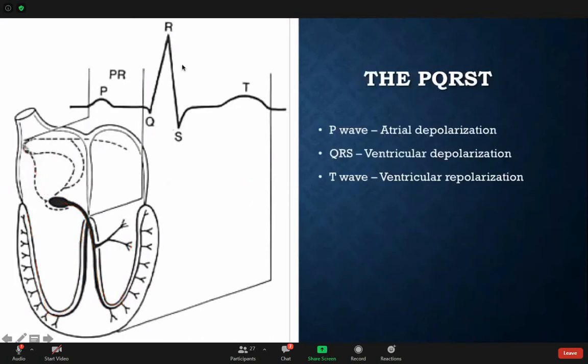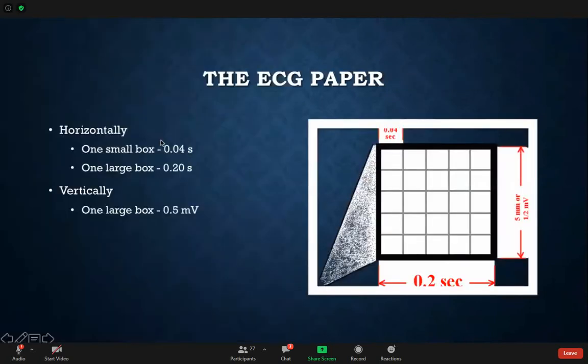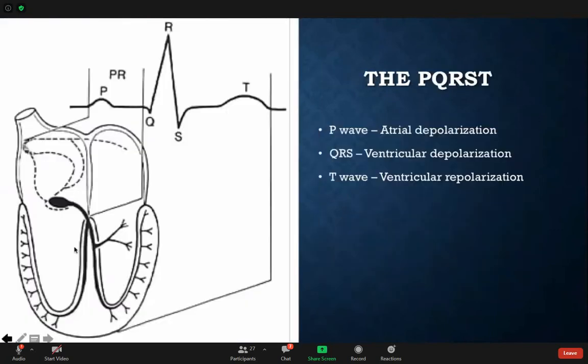So it's ventricular repolarization. Okay, why don't we have a P wave repolarization? Sorry, let's go back. Why don't we have atrial repolarization? Why don't we have a fourth wave?